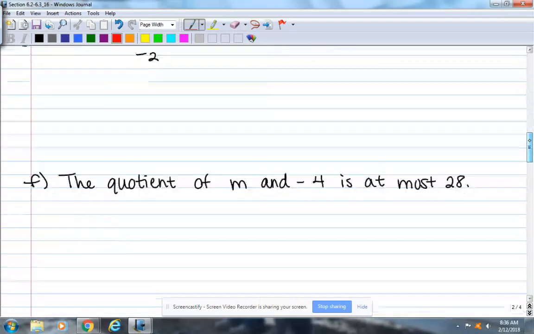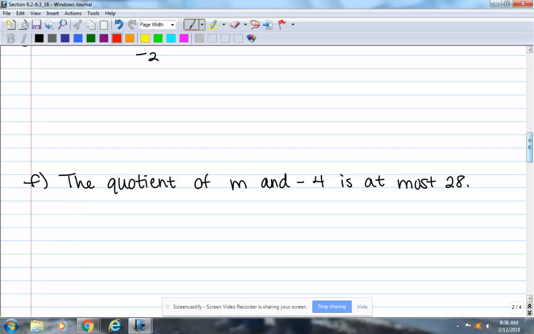All right, here's a word problem. It's not really a word problem. It's more, they call these verbal expressions. So it says the quotient of m and negative 4 is at most 28.